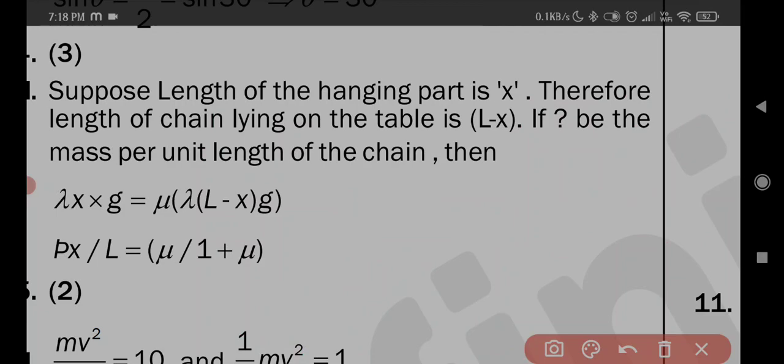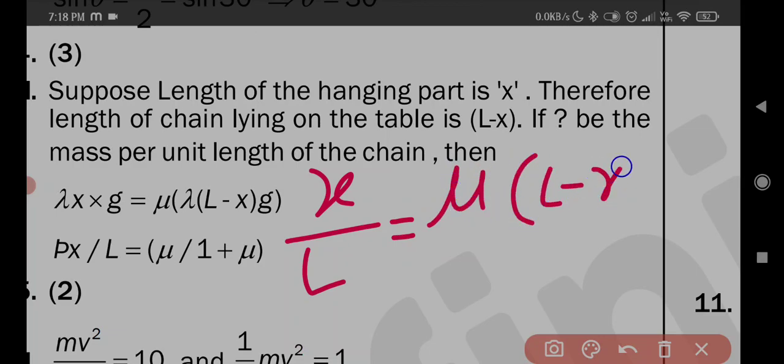So let's convert it. x by L, the fraction of the length hanging, is mu into L minus x, by L. How will you simplify it?